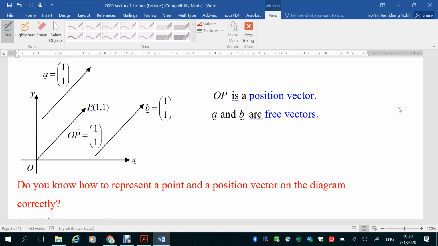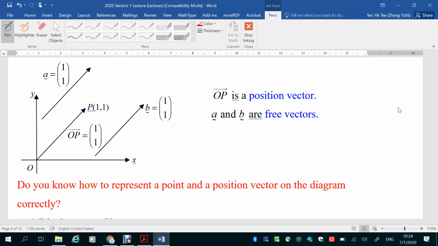Can you understand? This is why sometimes people prefer to use capital letters, and sometimes I need to use small letters, because they mean different things. Okay, so take note. When I give you a column vector with no further explanation, it can mean a point, or it can mean a direction.